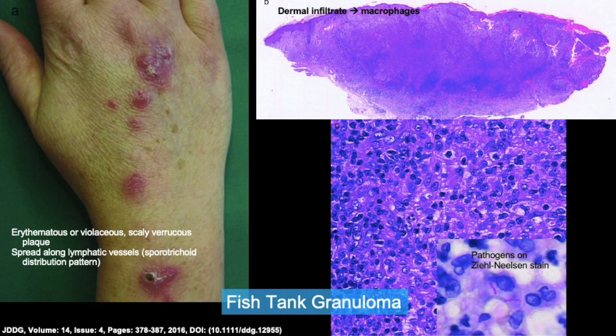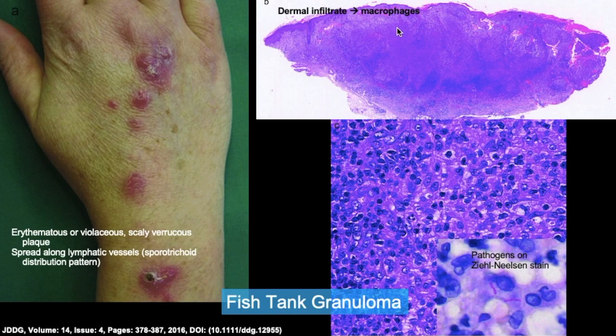Fish tank granuloma, we see it on the upper extremity as erythematous, villous, scaly, verrucous plaques with scaling that follow the lymphatic vessels.